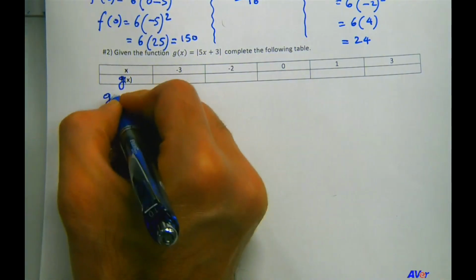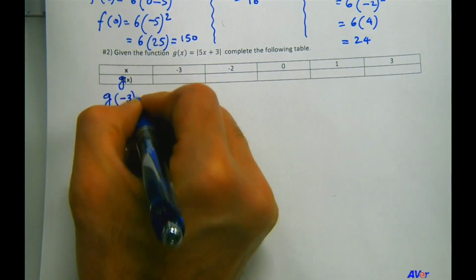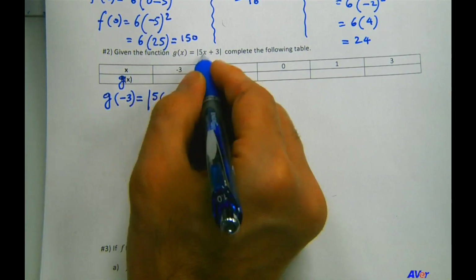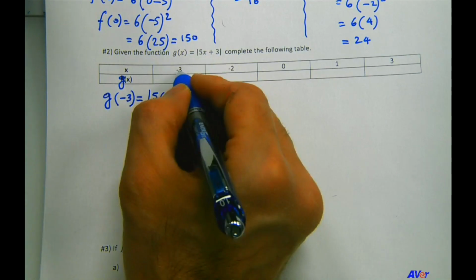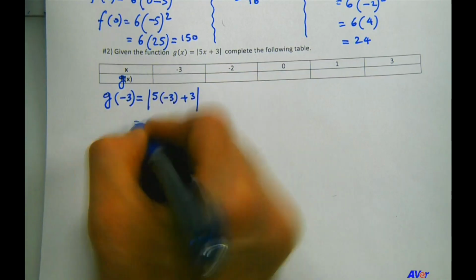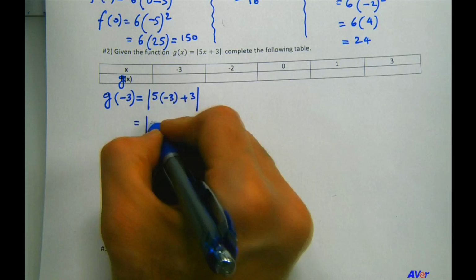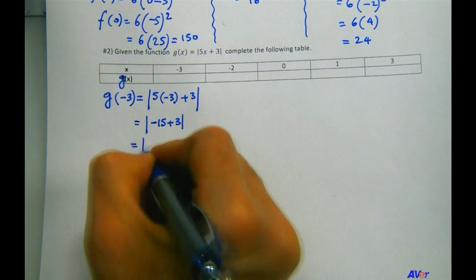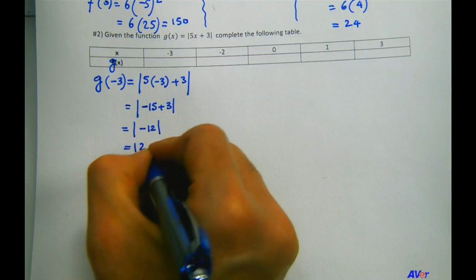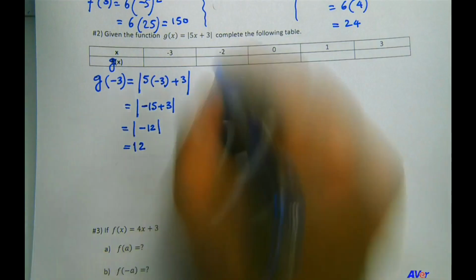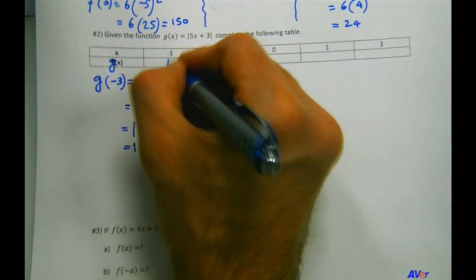Okay, so g at negative 3 is equal to the absolute value of 5 times negative 3 plus 3, right? I'm just plugging in negative 3 here. So that would be the absolute value of negative 15 plus 3, the absolute value of negative 12, the absolute value of 12. Okay, like that. So this 12 goes in here.